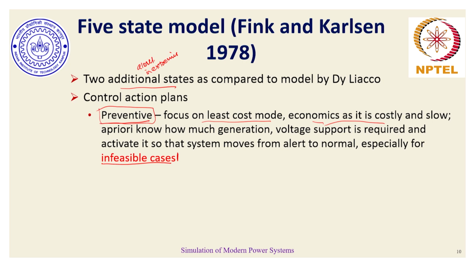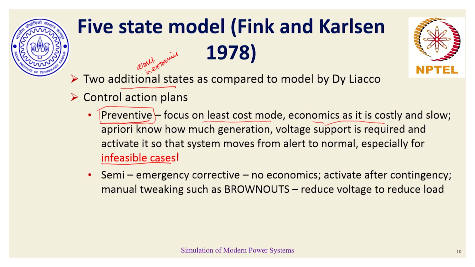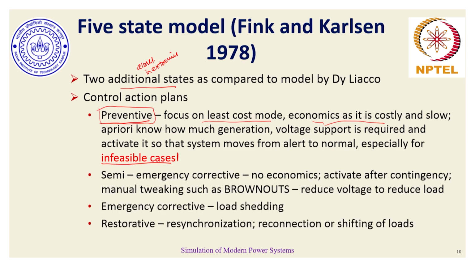You may also ask, sir, in infeasible cases of contingencies, why can't we have corrective action? Corrective actions are meant for those situations where the system operation is not at stake. The system has not gone into a blackout or an emergency.